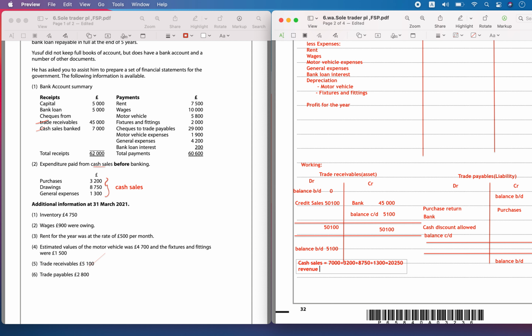Now the total revenue is equal to cash sales plus credit sales. We have the cash sales of 20,250 plus the credit sales of 50,100, so that is equal to 70,350.